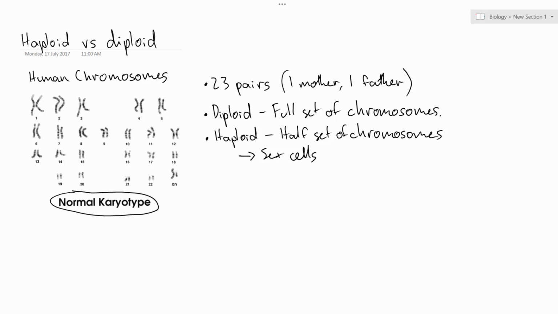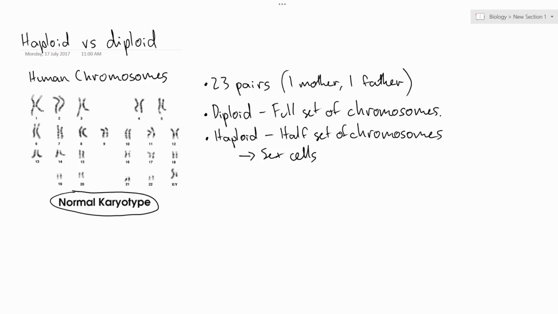They only have 23 chromosomes in each, as opposed to 46. So diploid means a full set of chromosomes, which would be 46 in a human cell. Haploid cell means a half set of chromosomes, which would mean only 23 chromosomes in a human sex cell. So sperm cell or egg cell.